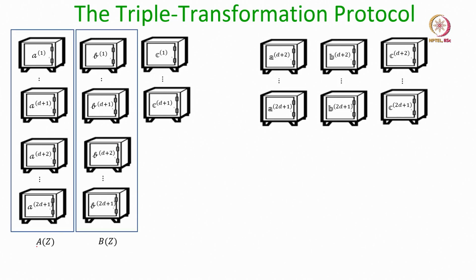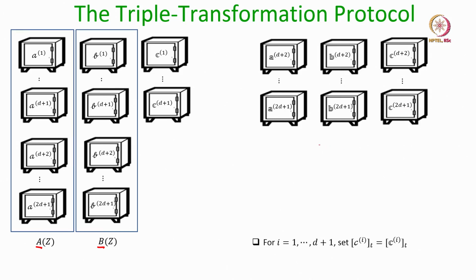Okay. So, our A polynomial is defined, our B polynomial is defined. Now, our goal is to define the C polynomial. You might be tempted to do the following. You might say, we are anyhow given 2d plus 1 secret shared C components.